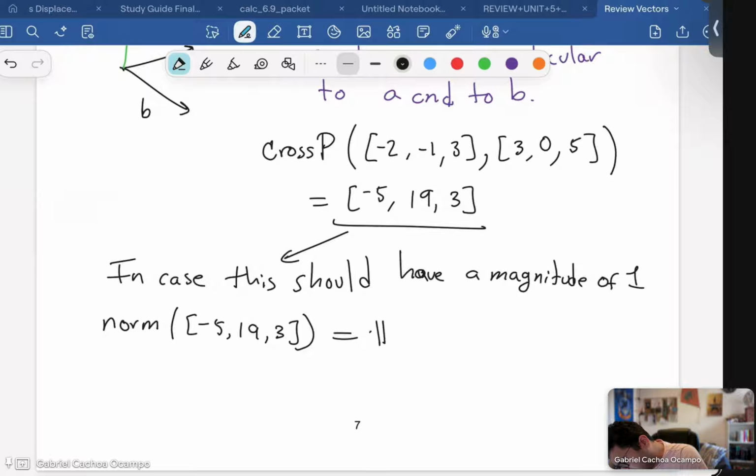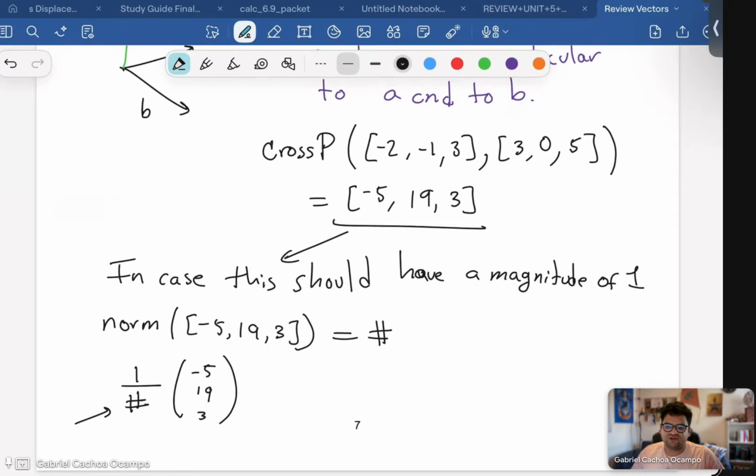That will give you a number, and you multiply 1 over this number times this vector. This is the shrinking factor. This shrinks it into a unit vector. This is a unit vector. Oof, this was tougher than it looked. Problem 7.